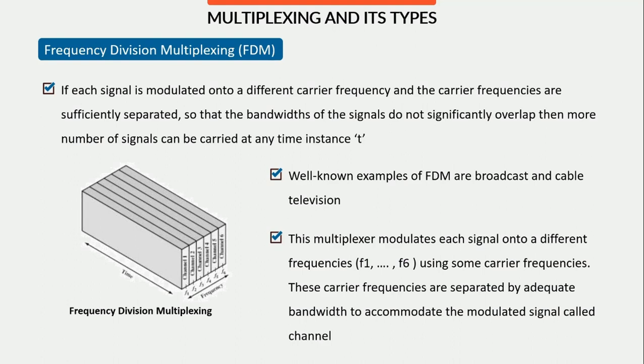Otherwise, it will create noise and distortion. So to keep the channels separate, we need to use guard bands. We can see here the lines in between the frequencies are depicting the guard bands.